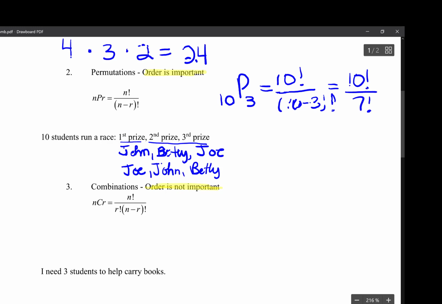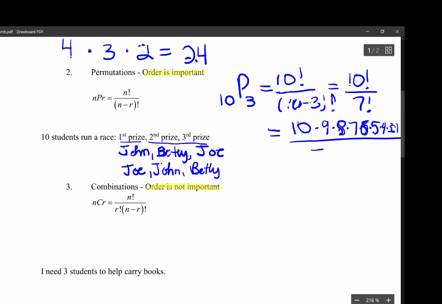So now you might be saying, okay, I have no idea what a factorial is. A factorial is where we take the number and we multiply it by every integer down to 1. So in this case, it would be 10 times 9 times 8 times 7 times 6 times 5 times 4 times 3 times 2 times 1.